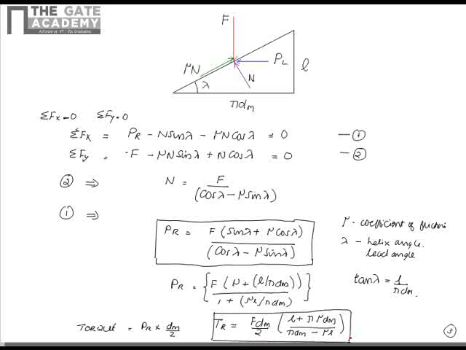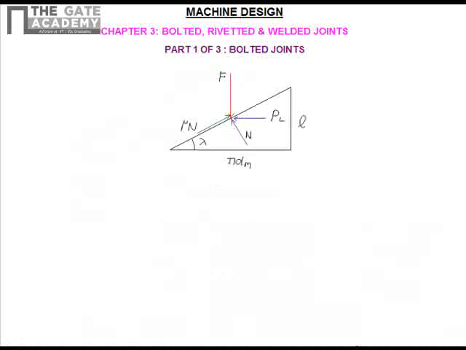A similar expression we have to find for lowering of the load. Similarly, we have to find an expression for the force required and the torque required to lower the load.